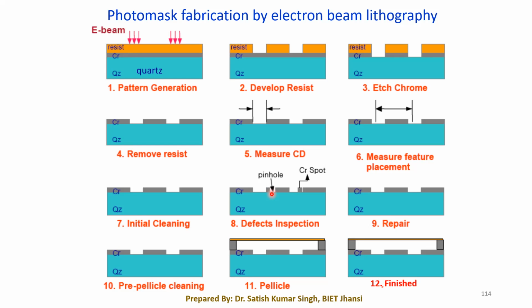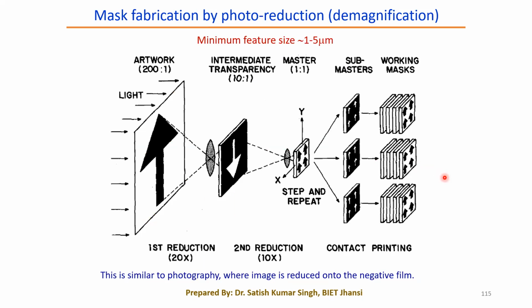So generally what happens is we are not making the mask of the same size that we actually want to print onto the wafer, but rather we are making it 4 times or 5 times larger. If it is 4 or 5 times larger, obviously inspecting and repairing defects is easier. So the mask that we are going to fabricate is sometimes, for example in this particular slide, 20 times larger.